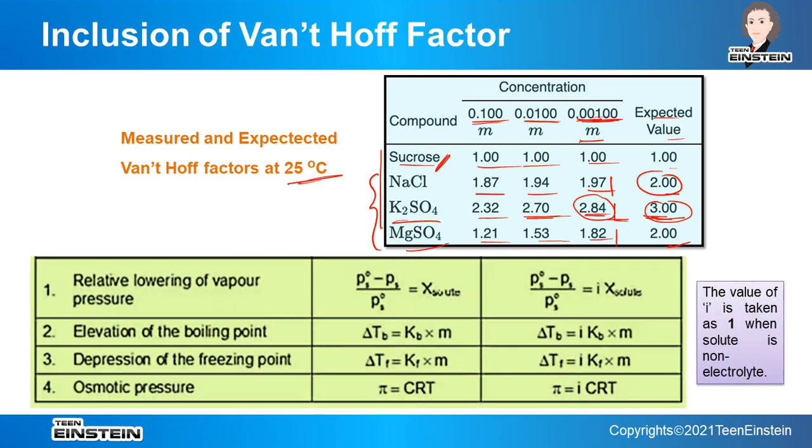And how can we include the Van't Hoff factor? Here we have 4 colligative properties. These are the expressions. This is lowering of vapor pressure, this is mole fraction of solute.